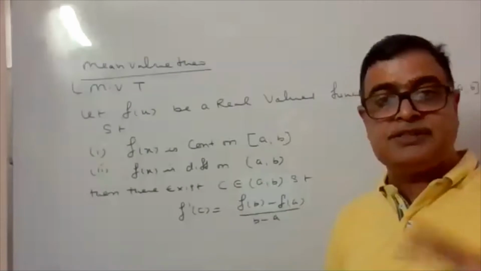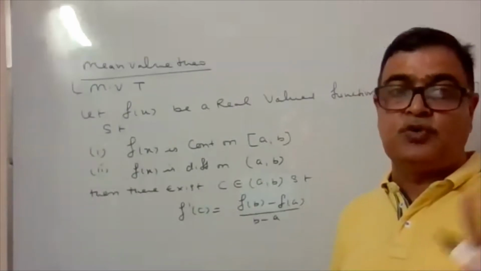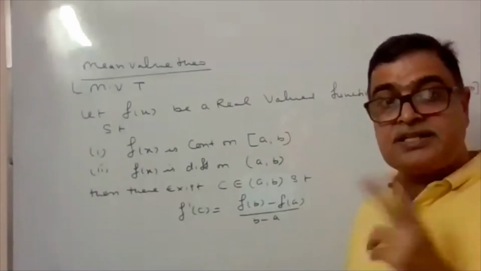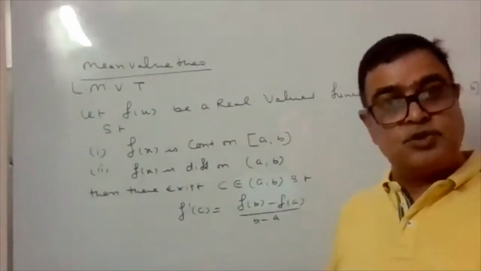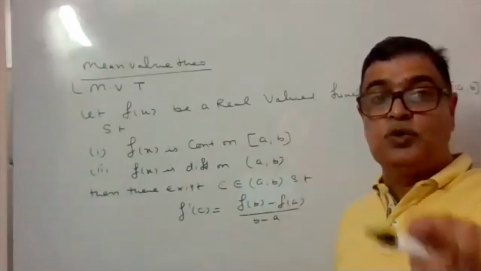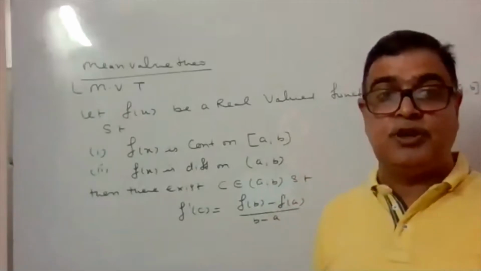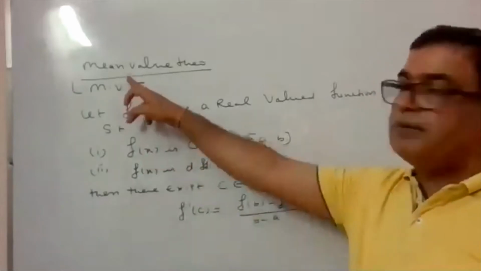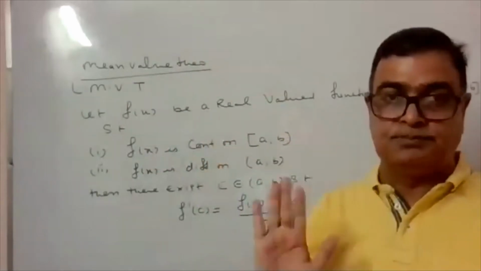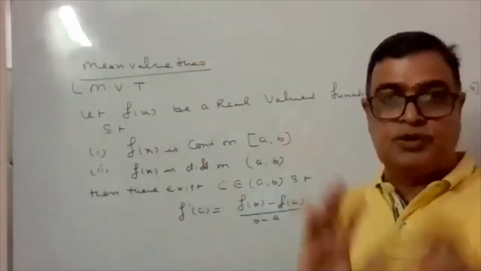Rolle's theorem and this, the only difference is f(a) is not equal to f(b). If you put f(a) is equal to f(b), automatically this will become 0. So that means this will convert into Rolle's theorem. So it is a more general statement, that's why simply also called mean value theorem. It includes your Rolle's theorem also.